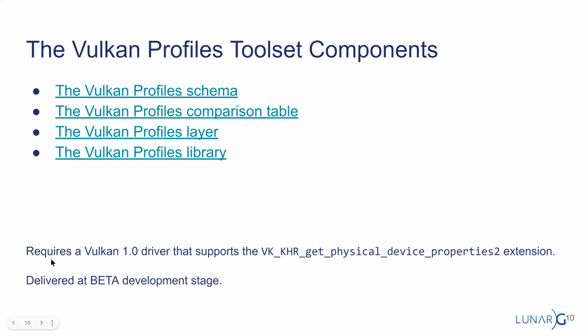I forgot to say that everything in our solution requires Vulkan 1.0 and get physical device properties 2. So there is no need for Vulkan 1.1, 1.2, 1.3. It all works, and you will understand why in a few seconds. Currently, we are still shipping as a beta development stage, which means that, for example, the profile schema could change in format in a way that will not be backward compatible.